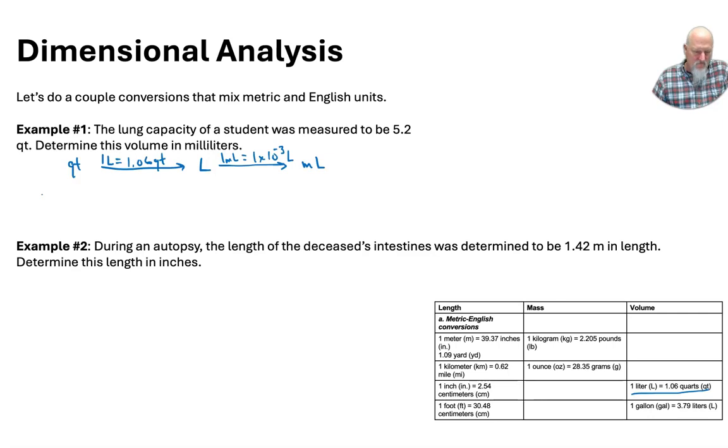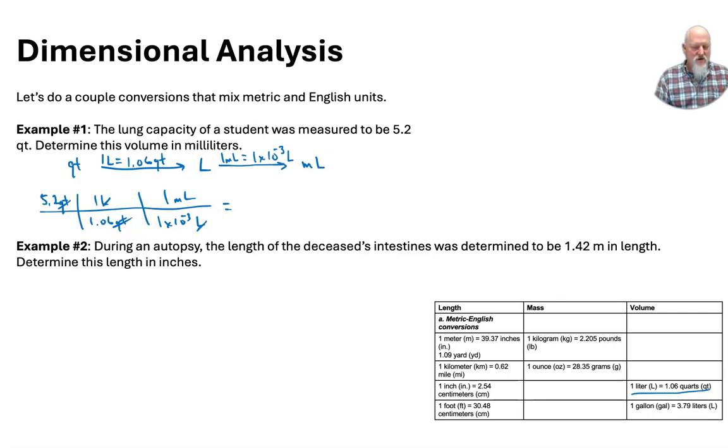Starting with what we're given, 5.2 quarts. Converting to liters first, 1.06 quarts. Remember, we want the quarts to go on the bottom to cancel with the quarts there, is 1 liter. And then the next step, we need the liters to cancel. So 1 times 10 to the negative 3 liters is 1 milliliter. Liters cancel, and I've got milliliters as my units.